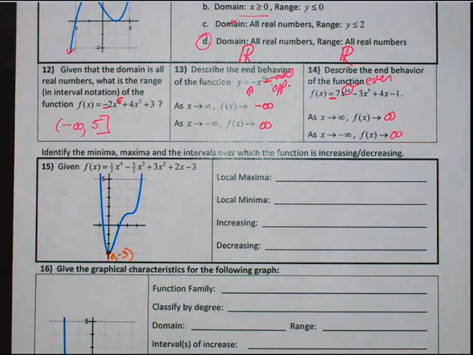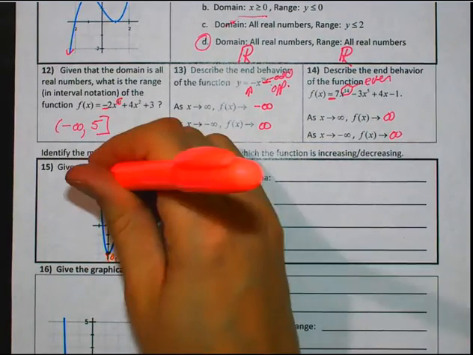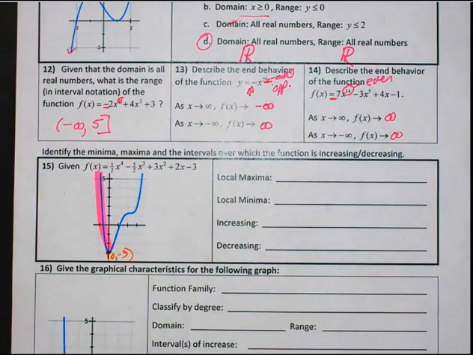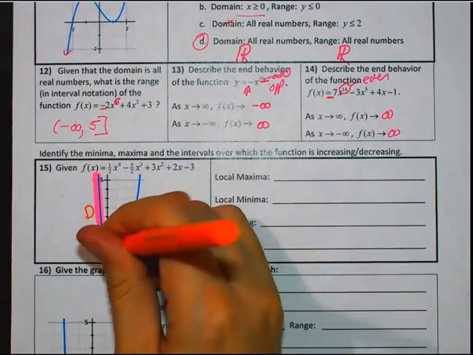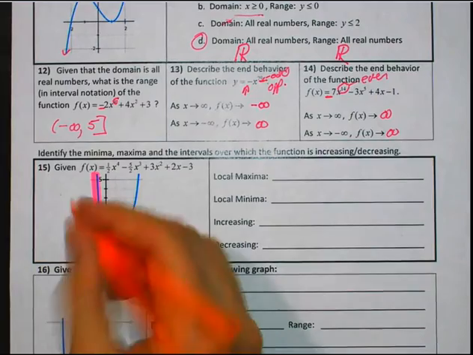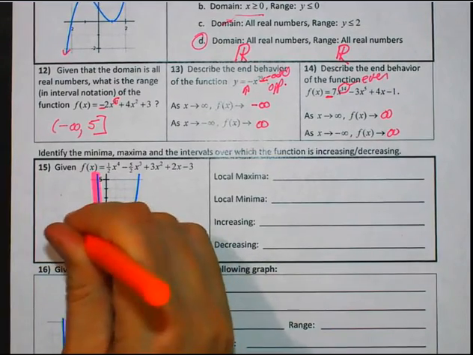And then it says to show the intervals of increasing and decreasing. So I like to highlight, so here is decreasing. Remember, we only care about the x values here. So I'm decreasing from negative infinity.